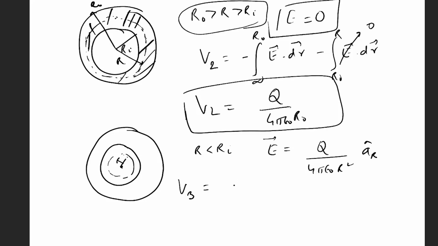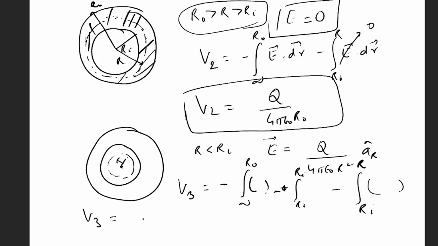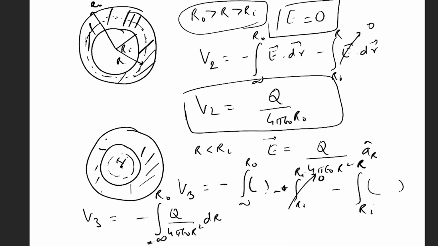We can come from infinity to this point. So first we will come to R naught, then R naught to Ri, then Ri to this R. I will take minus sign everywhere. So V3 is simply minus of Q by 4 pi epsilon naught R square dr from infinity to R naught. Now this portion will be 0 because inside this shell from R naught to Ri the field is 0.